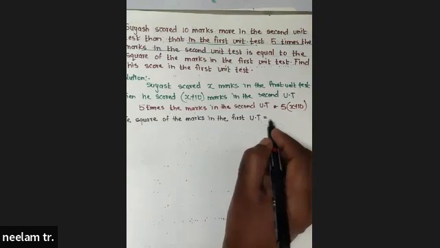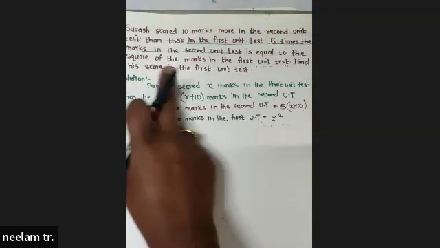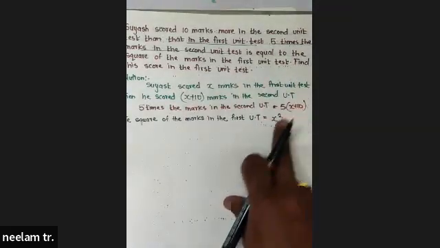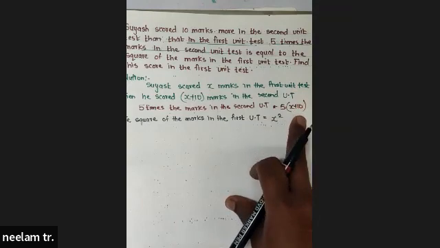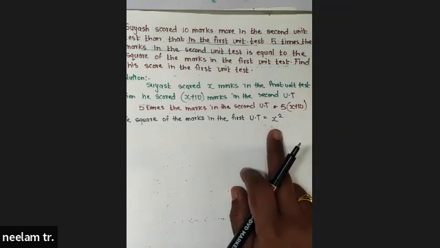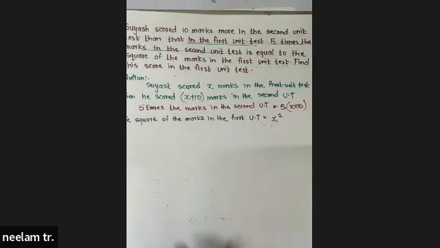That is your x. So x square is equal to the square of the marks, means these two are equal, equal to the marks in the second unit test. How you will take out then? From the given condition.